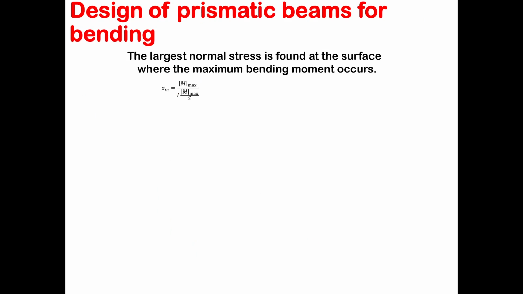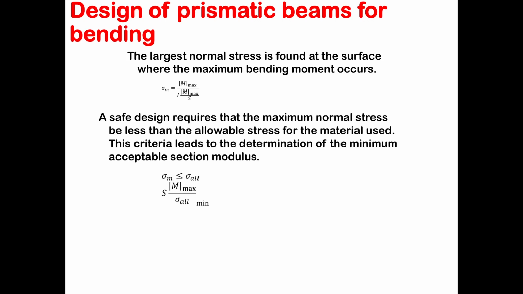Again, going back to the design principle, the largest normal stress is going to be your maximum bending. If it happens where the maximum bending occurs, a safety design always requires that the maximum normal stress be less than the allowable stress for the material used. And this criteria leads to the determination of the minimum acceptable section modulus.